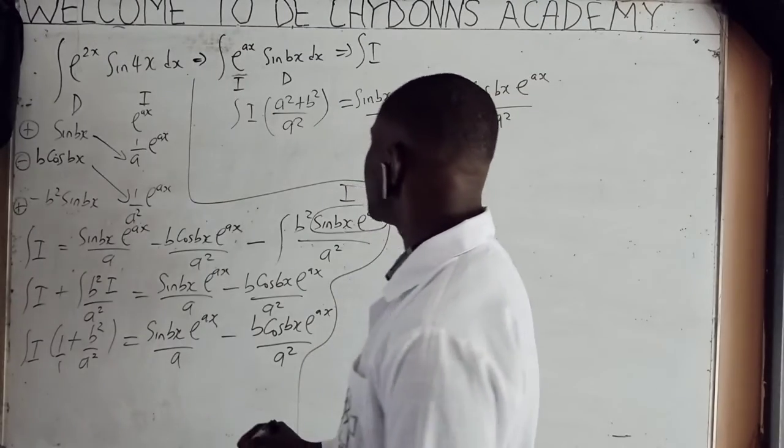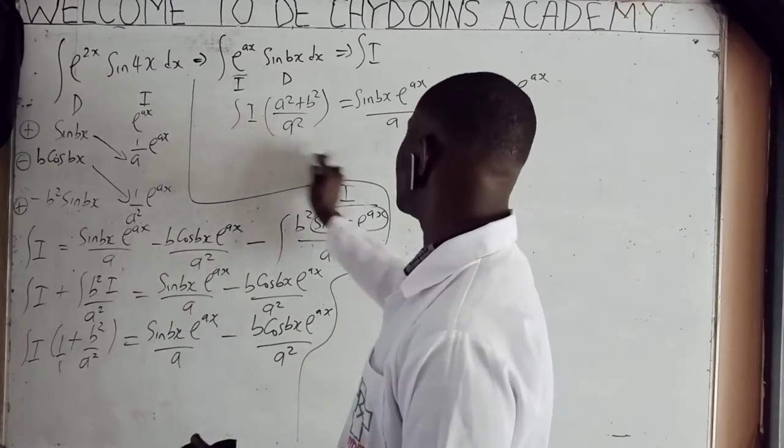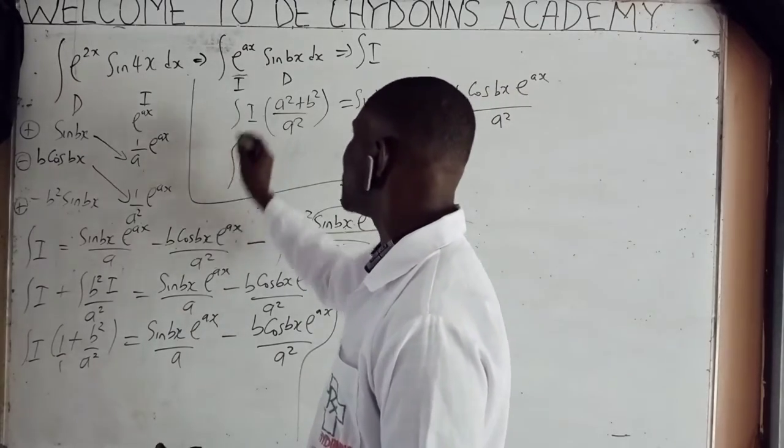So what we now do here is that we carry this to the other side and make I subject of the formula.